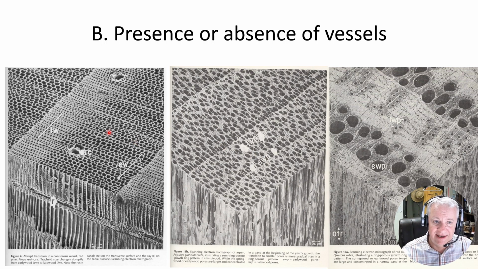Okay, whereas here in this example, these are just all tracheids all jammed together. We don't see fibers. So this distinction, whether they're vessels or not, allows us to determine, okay, this is an angiosperm if there are vessels, and if there are not vessels, it's a gymnosperm. So that's sort of our first big division.